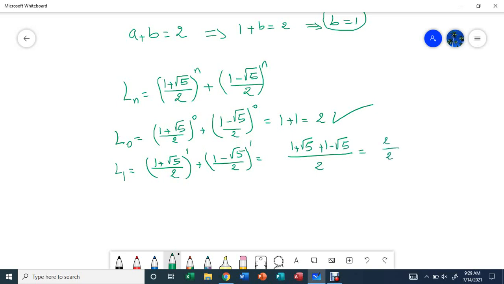The square roots of 5 cancel each other, which gives 1. And voila, this condition has been met as well. So we are good to go.